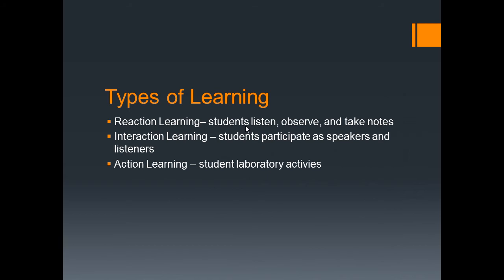Now, your book talks about the types of learning that take place in our labs. And we've got all kinds of learning going on. The first one is reaction learning. Students react to the teacher. They'll listen, observe, and take notes over what's being said.